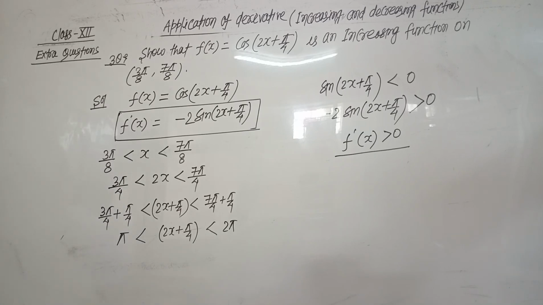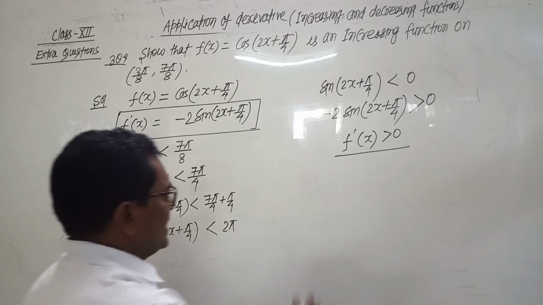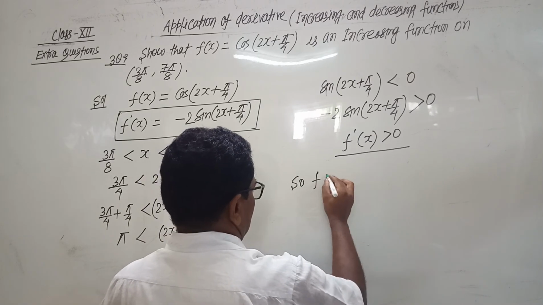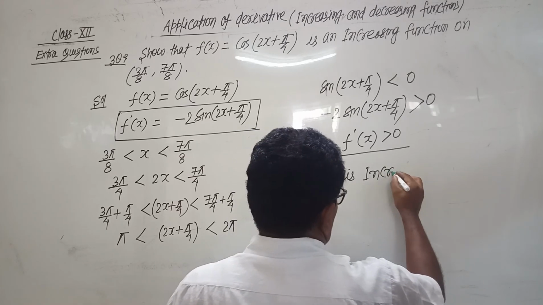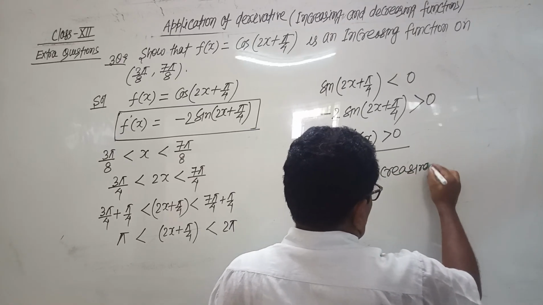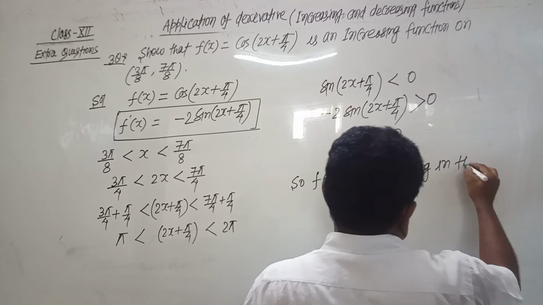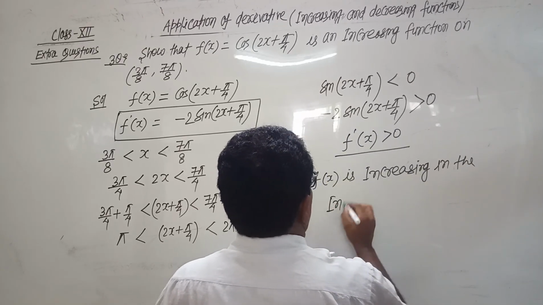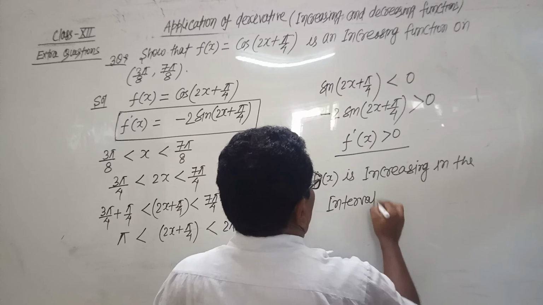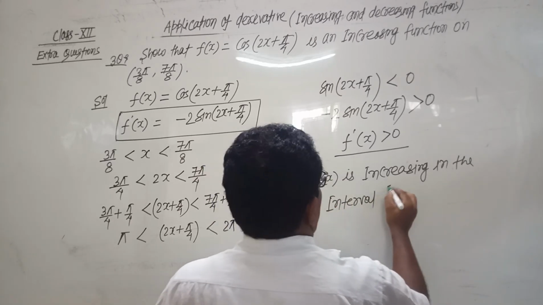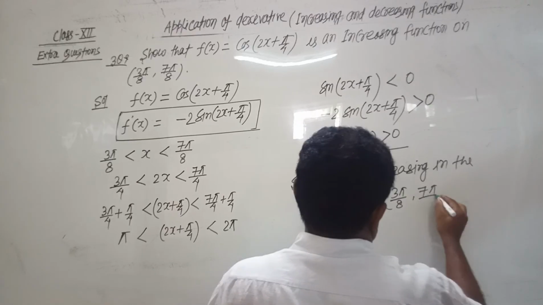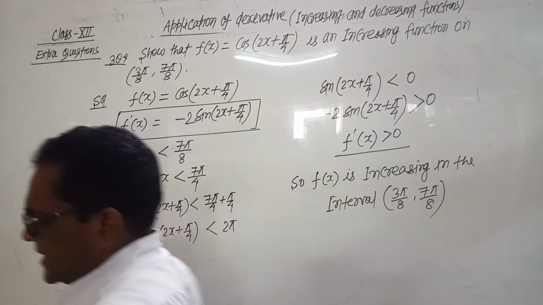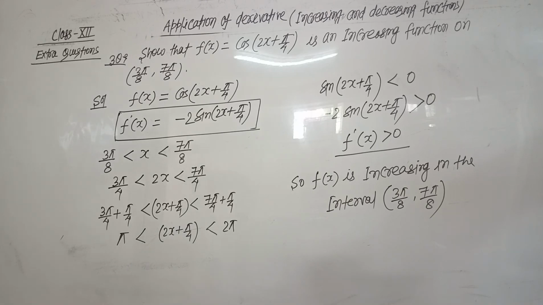This function is increasing. So we write, f(x) is increasing in the interval 3 pi by 8 to 7 pi by 8.